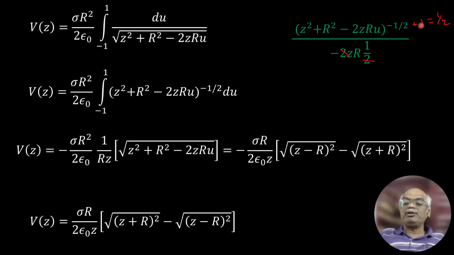The bracket term will have power plus half. So that can be written as the square root of z squared plus R squared minus 2zRu, and this 1 over Rz term will come here.